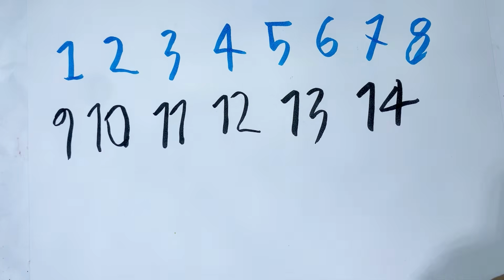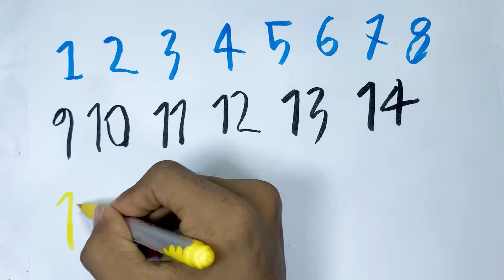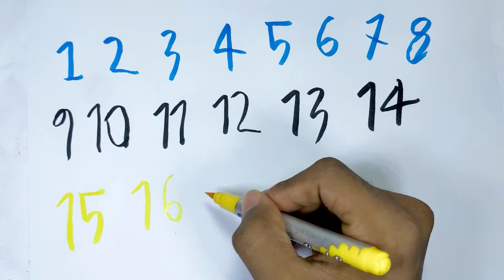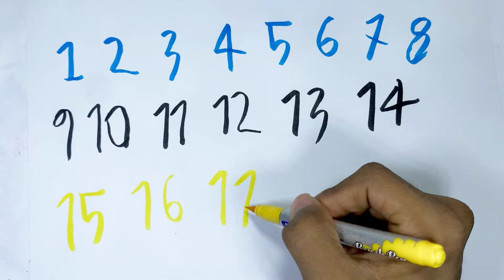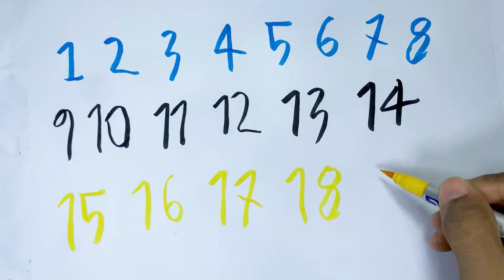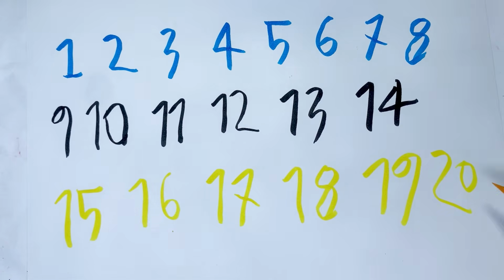Kids, now you draw 15. The numbers are 15, 16, 17, 18, 19, and 20.